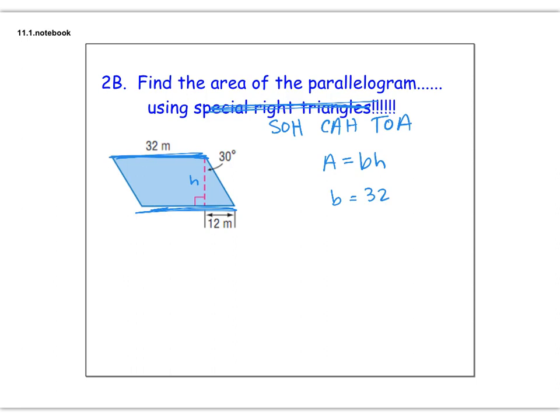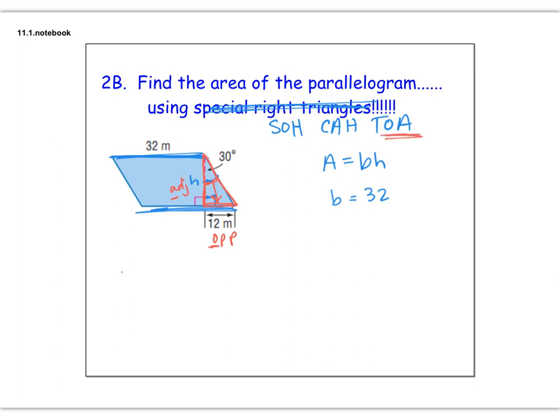So to do that, I'm going to look at the angle that they give me. This would be a 90-degree corner. We never use the 90, but we are going to use this red triangle right here. So here's our angle, the 30 degrees. The 12 is opposite of that angle. The H, the height of this parallelogram, that's actually the adjacent side. So you're looking for A and O. It's part of TOA.